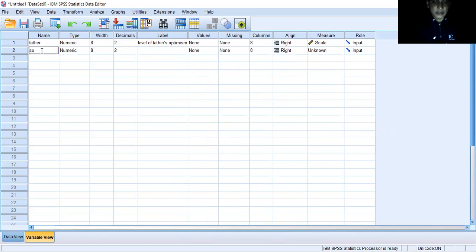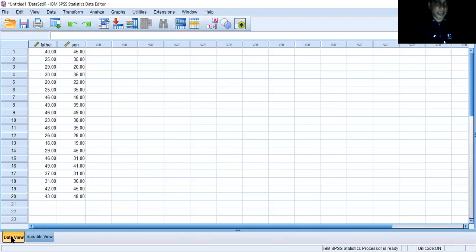And for son, we have the level of son's optimism, and the measure is again scale. So those are the things given to us. Now I am here to conduct the analysis, and before that, this is what the data is: father and son.